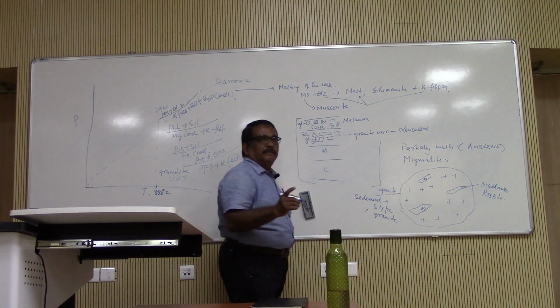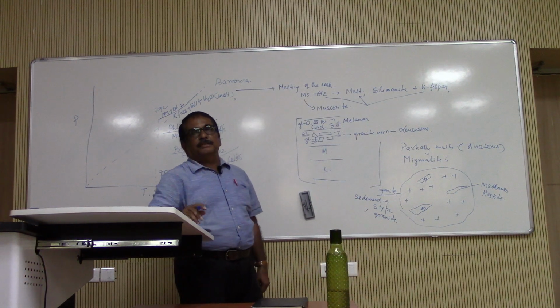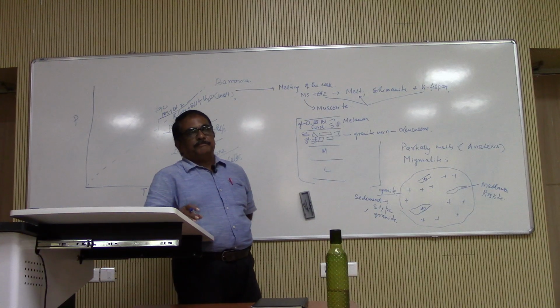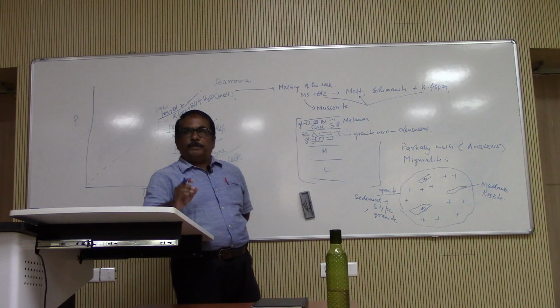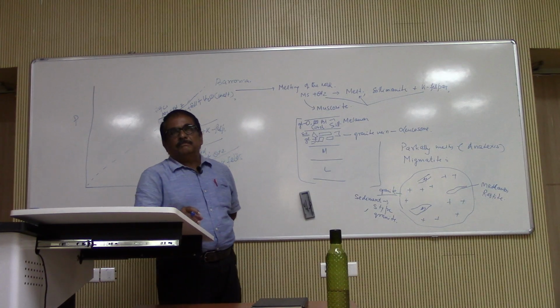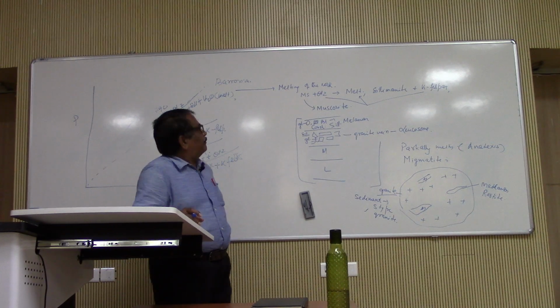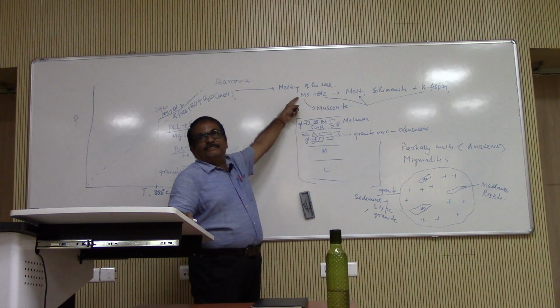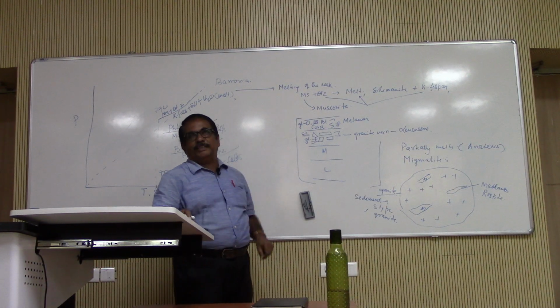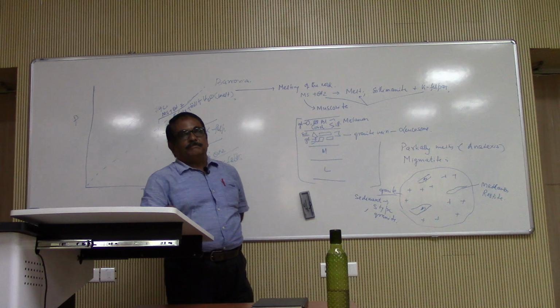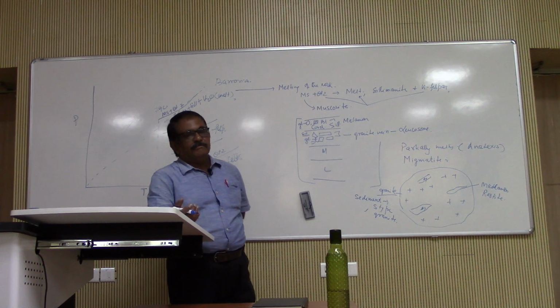Sedimentary derived granite is called S-type granite. So the parent rock is a pelitic rock, and from this reaction only things are produced. Around 700 to 800 degrees centigrade this happens.